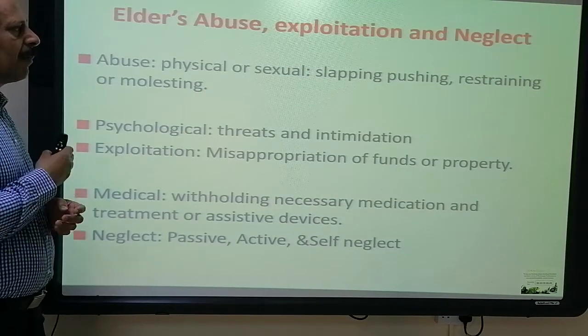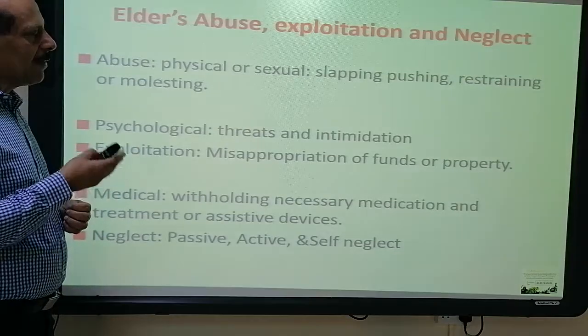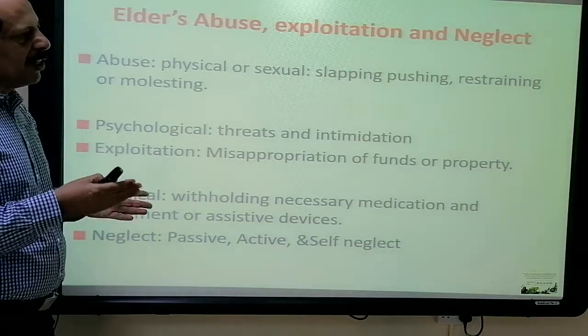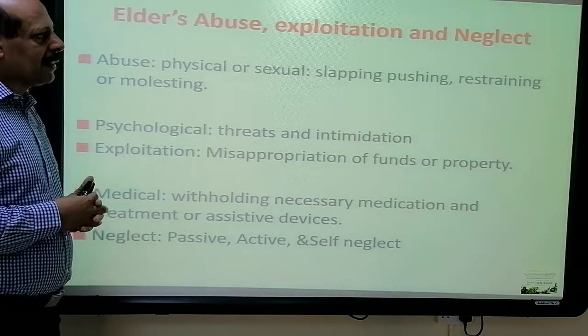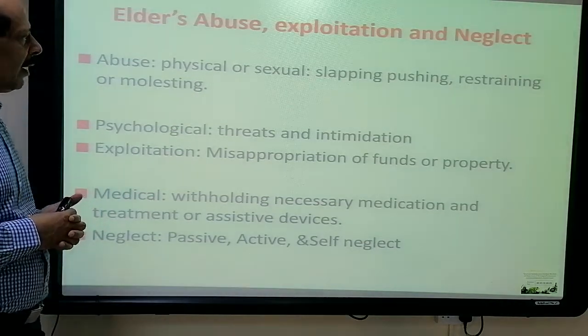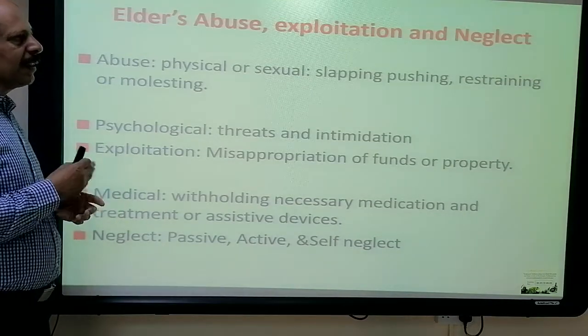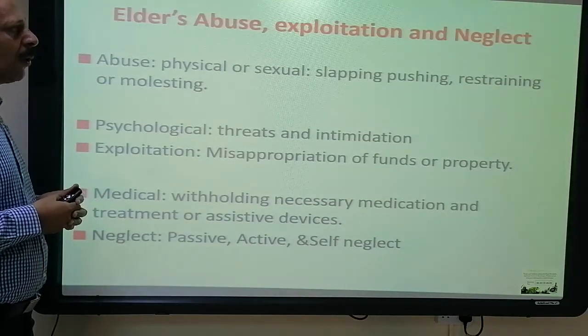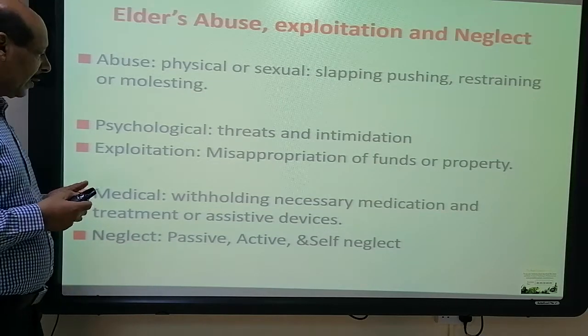Sometimes they restrict him from going outside, especially if he has dementia or a change in behavior, because they feel shy to send him out of the house. Because of that, they restrict his movement and prevent him from going outside of their house.